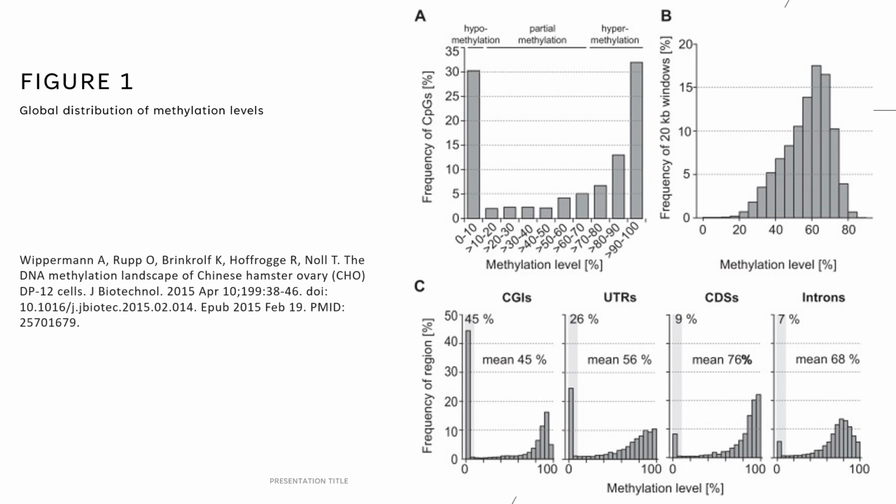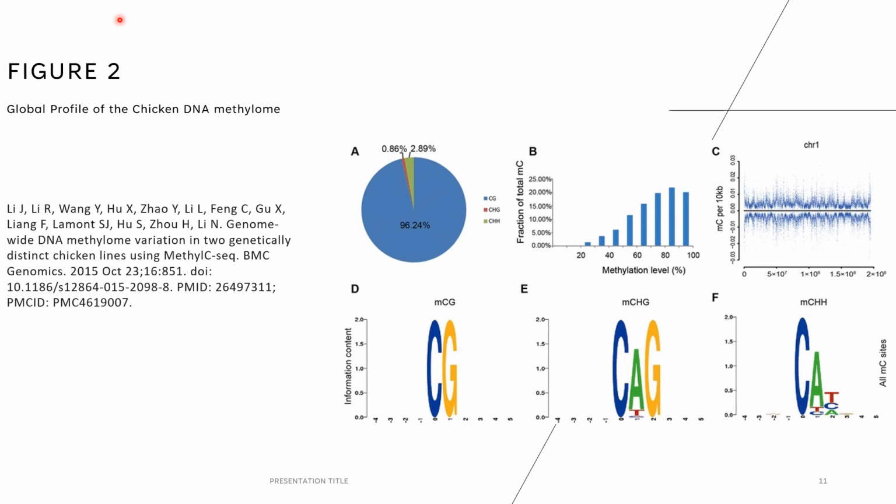This is the figure 2 that I found from a different primary article, and it's titled Genome-Wide DNA Methylome Variation in 2 Genetically Distinct Chicken Lines Using Methyl-seq Sequencing. This whole image is about the global profile of chicken DNA methylome, and the main one I really want to focus on is this A figure right here.